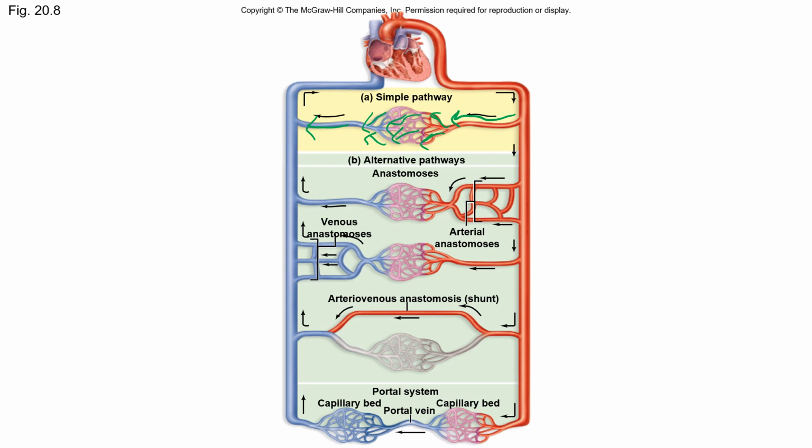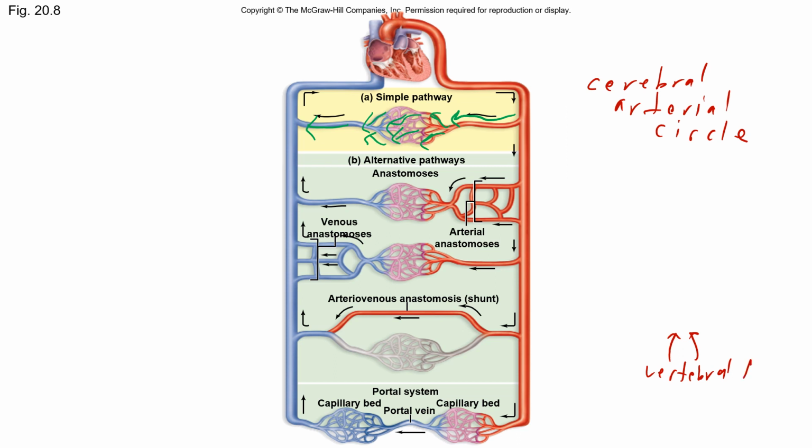The most famous arterial anastomosis is the cerebral arterial circle, where the vertebral arteries come together to form the basilar artery.